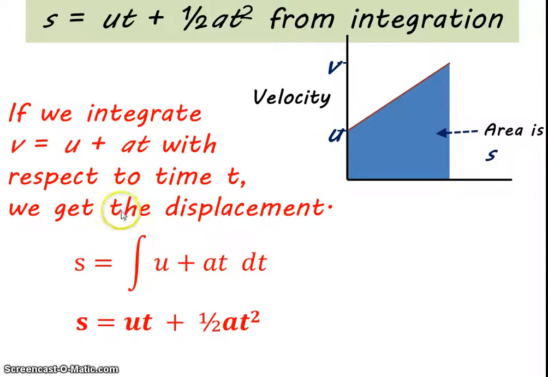And so the integral of at is half at squared, and the integral of the u section is just ut. So it's another way to do it, and if you're okay with calculus, it's nice to see that both methods work for this equation.